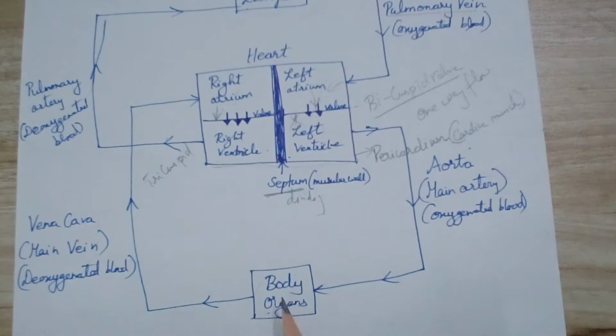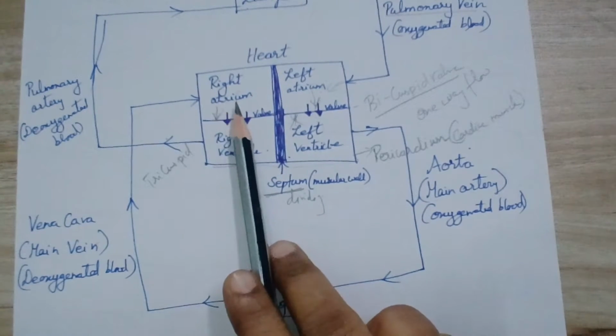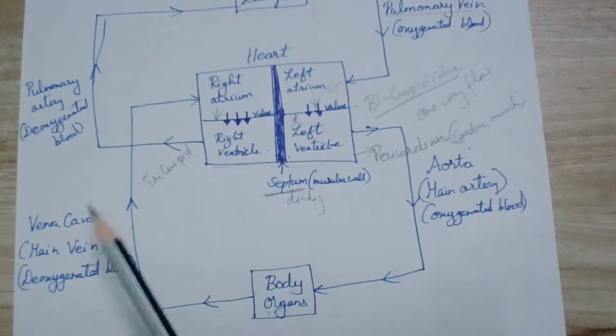Then once respiration is finished, that is nothing but the energy produced by the reaction between the oxygen and the glucose, energy will be produced, and what is the byproduct? Carbon dioxide is the main byproduct. So deoxygenated blood will again enter the heart through the vena cava.